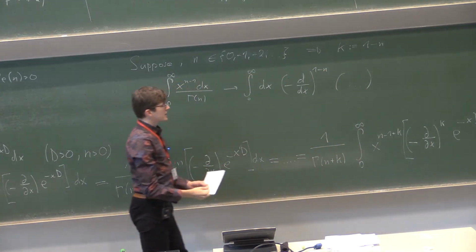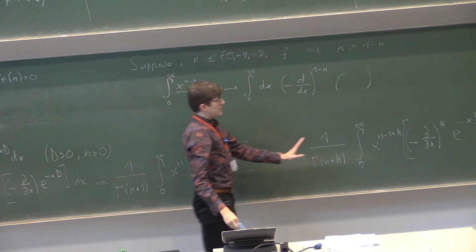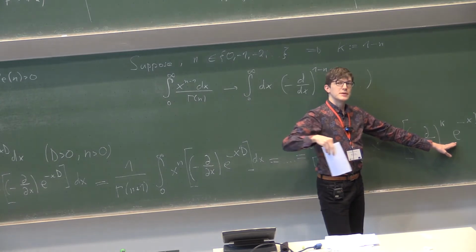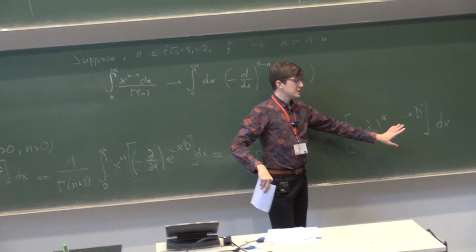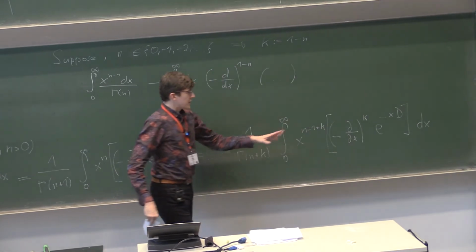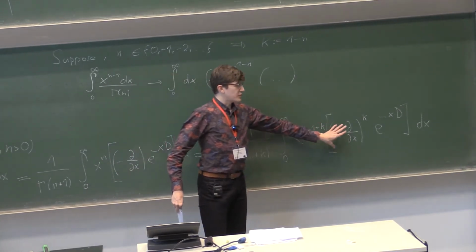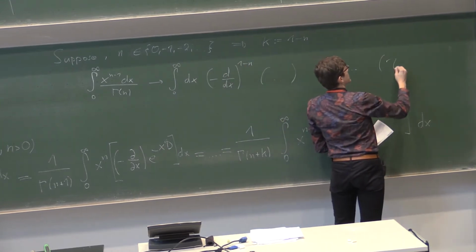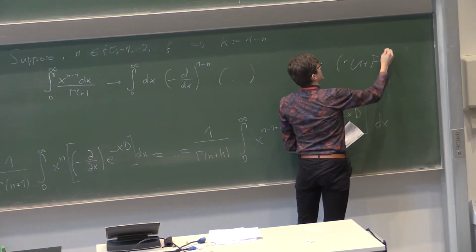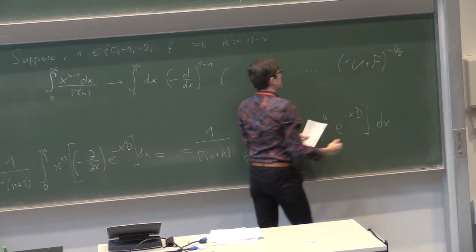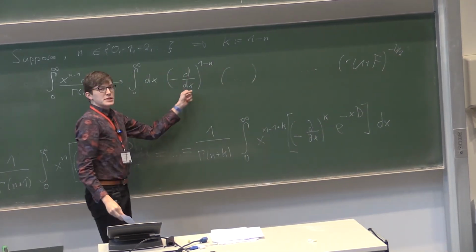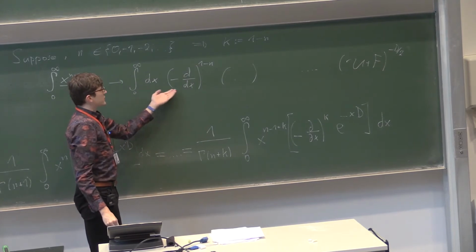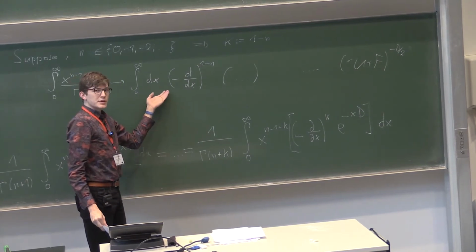You should always think the following: I kept this derivative here because I wanted to leave the exponential so that afterwards we can do the Gaussian integration. So the point is, if you do it this way, you can keep doing the Gaussian integration, just afterwards you have to hit it with the derivative. On the right-hand side somewhere we have our u plus f to the minus d over 2, and this is what this derivative is acting on. Of course, you take the integral of a derivative, so you can get rid of the integration.